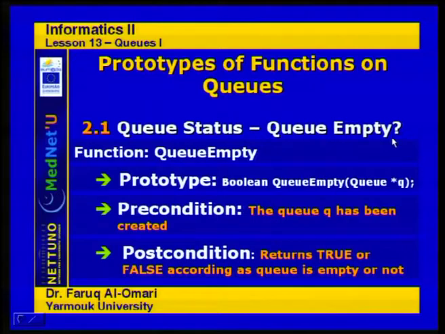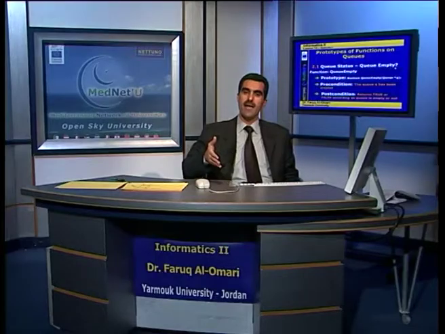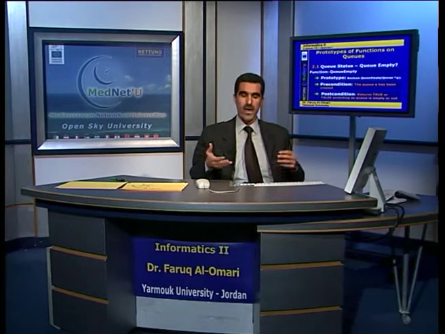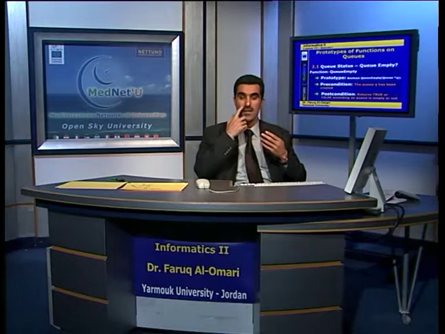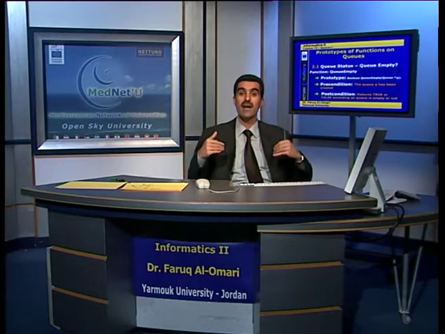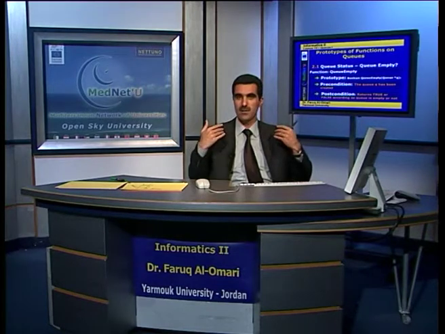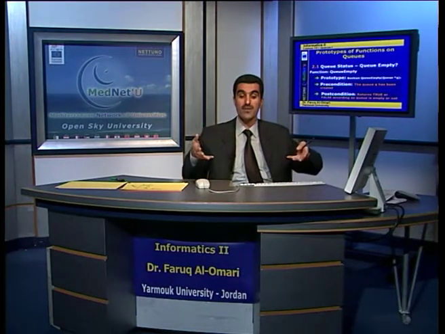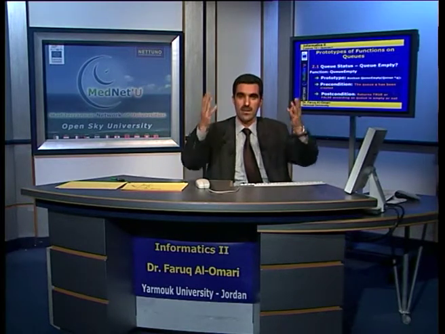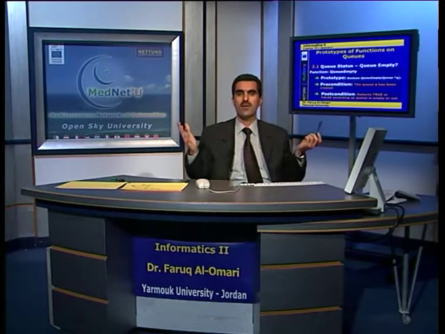QEmpty. In many applications, I would like to check if the queue in hand has any entries in it or if it's empty. Like when we check to see if the queue is empty before I attempt to serve anybody in there. So definitely before I can serve, I have to check first. Are there anybody waiting actually in the queue or the queue is empty?